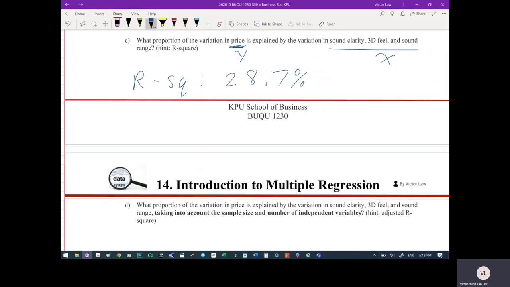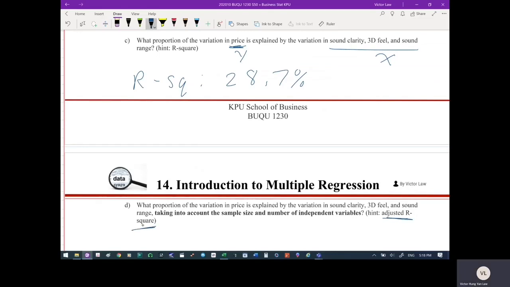And then for part D, what proportion of the total variation in price is explained by the variation in sound clarity, 3D feel, and sound range, taking into account the sample size and the number of independent variables? So this is your adjusted R square.